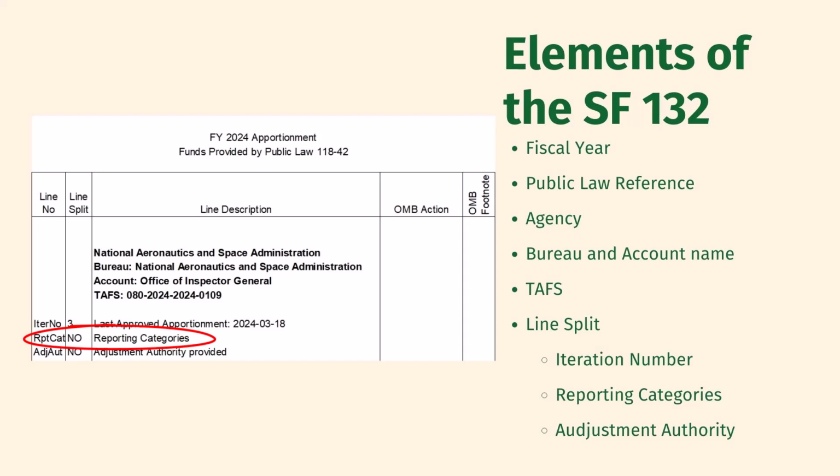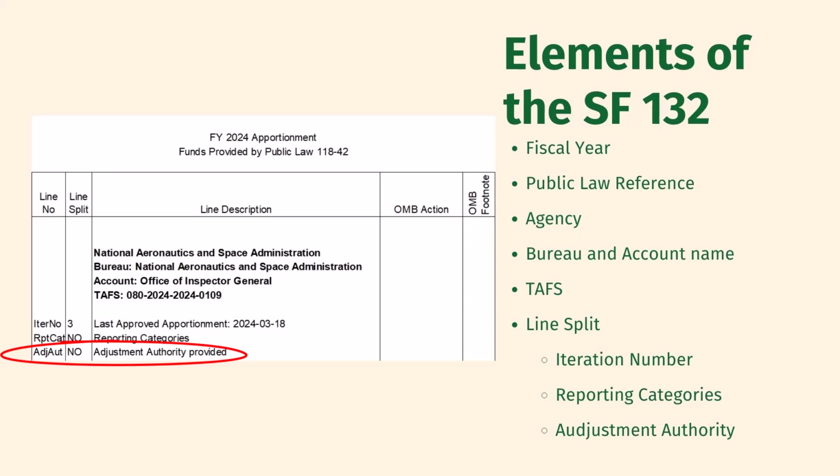When set to no, agencies report obligations according to the standard apportionment categories we'll discuss. The SF-132, by the way, is the monthly report agencies submit to show how they're actually spending against their approved apportionments. Finally, there's adjustment authority, which shows a yes or a no.